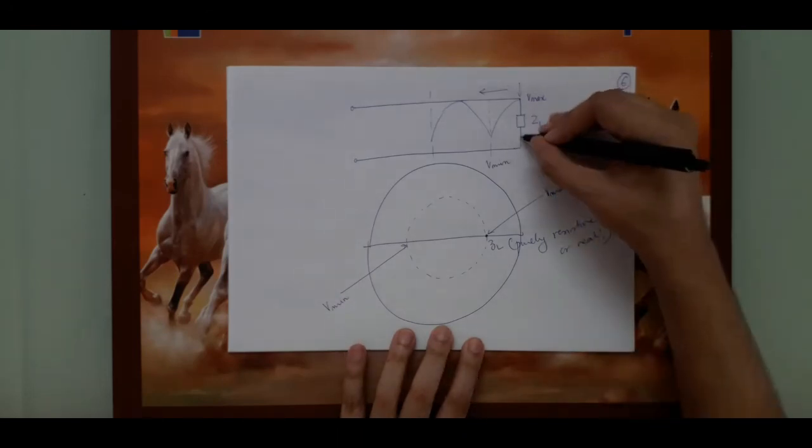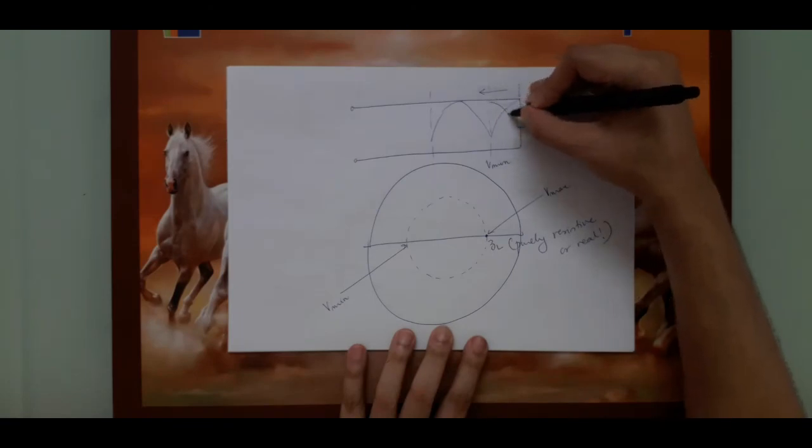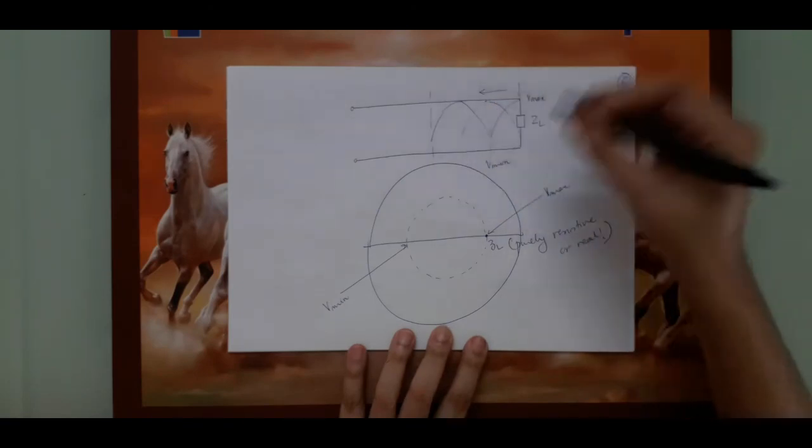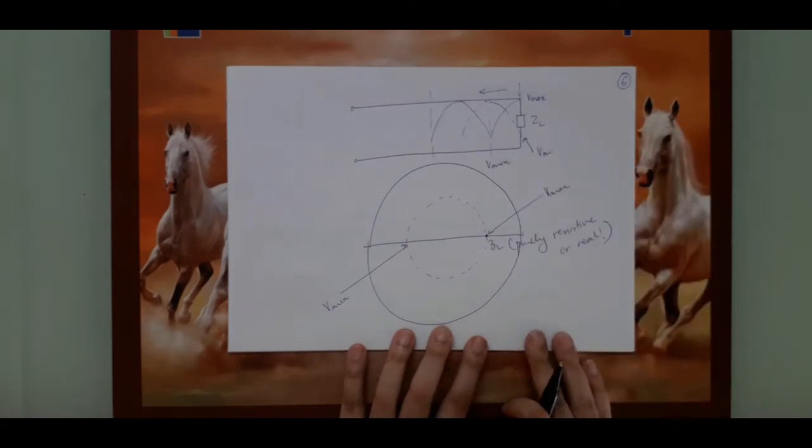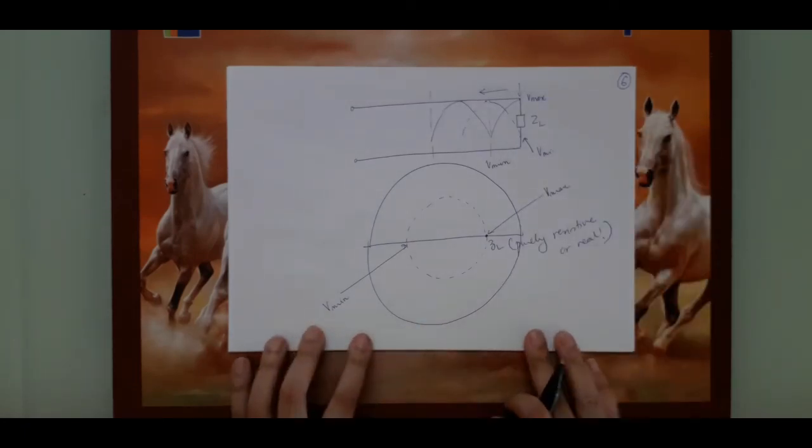Now what if we had a voltage minima over here? If the voltage minima was coinciding with the load, in that case my load would have been here. Again it would have been purely resistive.